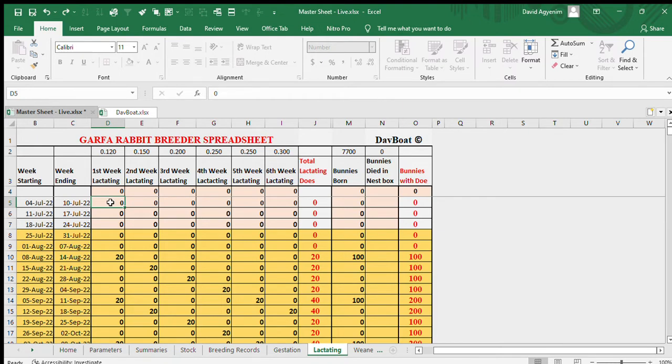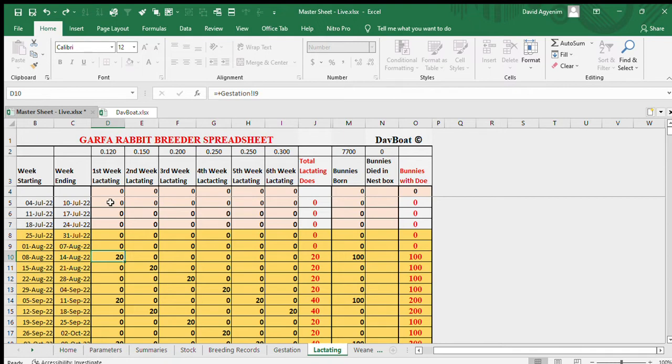So this is a new farm, so we had no lactating does here. The lactating does started from this week, the 8th to 14th August week. That's where our first batch of does started their lactating from.